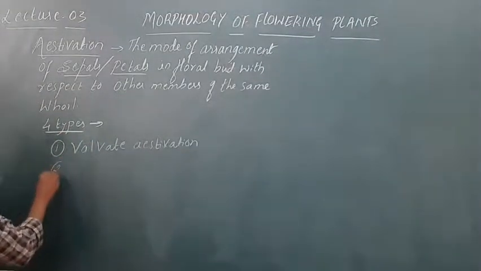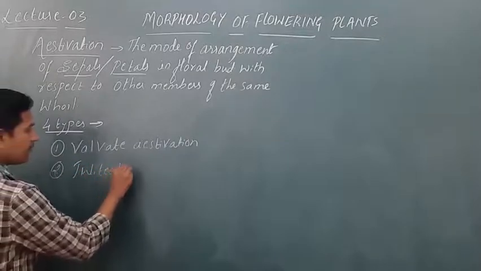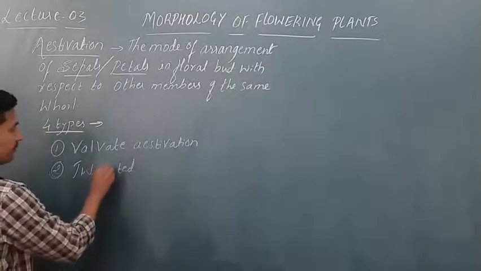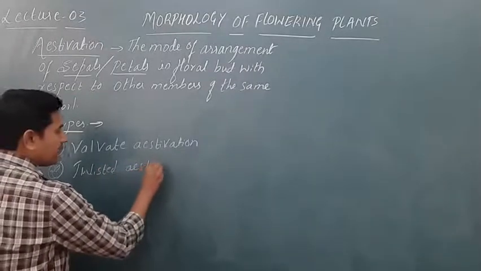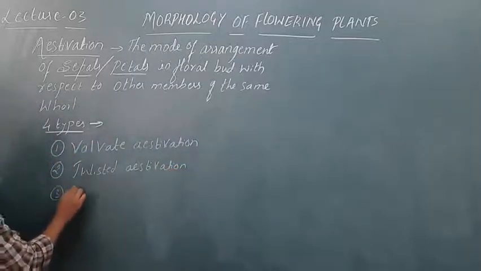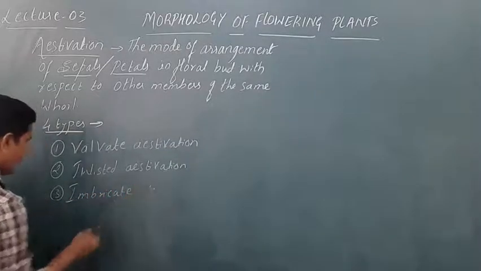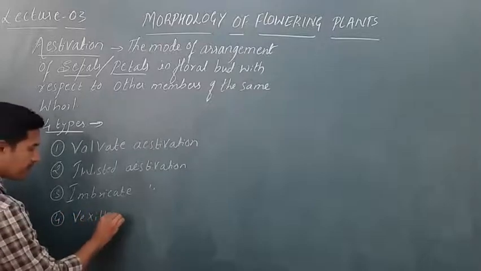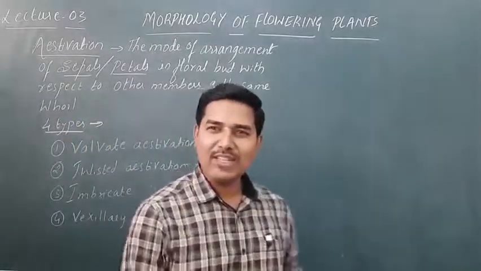The second type is twisted aestivation. The third one is imbricate aestivation. The fourth one is vexillary aestivation. So these are the four different types of aestivation.